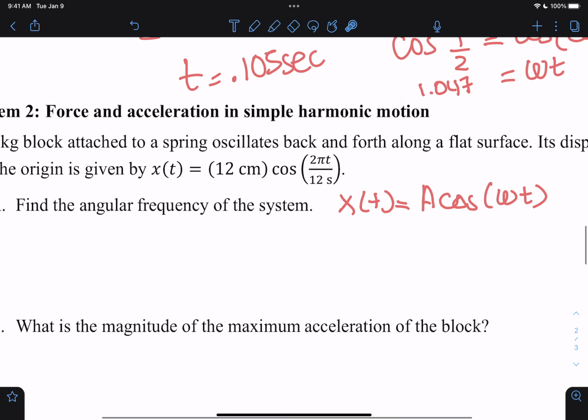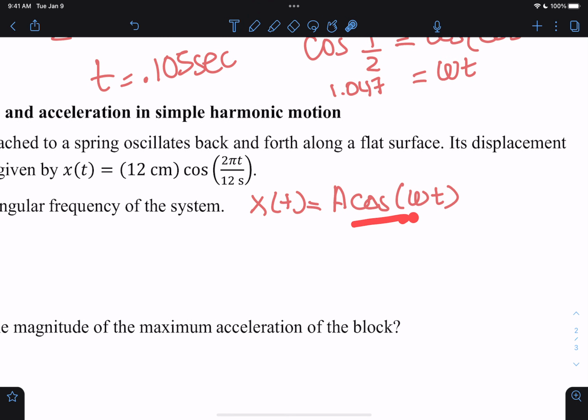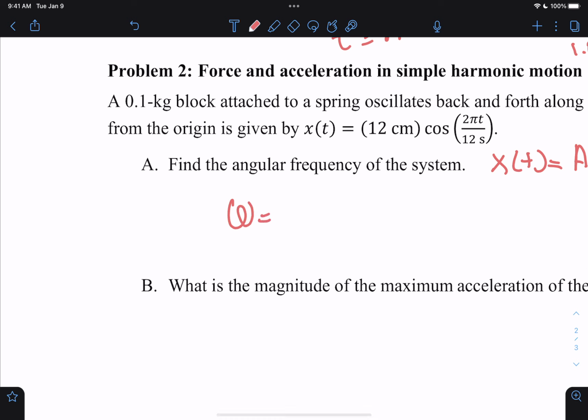Exactly. So if I see here that it's cosine omega t, well, here's the t, so the rest of this must be the omega, 2 pi over 12 seconds. So angular frequency is just equal to 2 pi over 12 seconds. That's merely analyzing the equation there, and you can calculate that out.